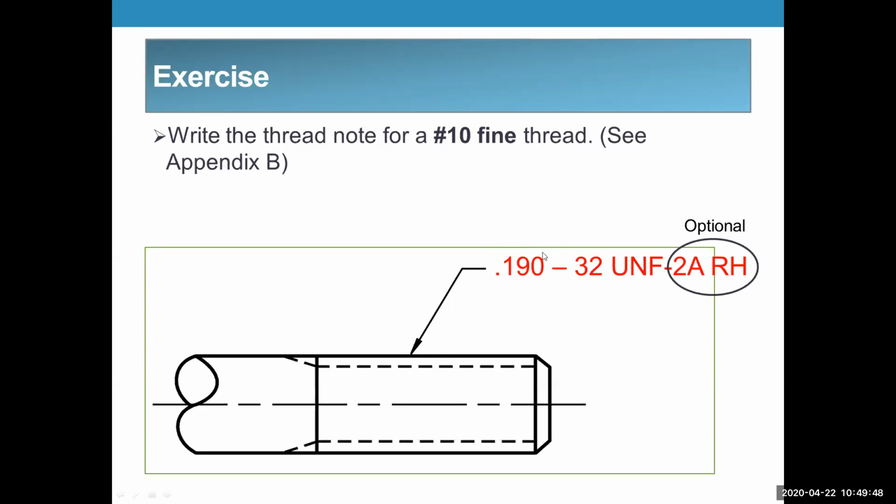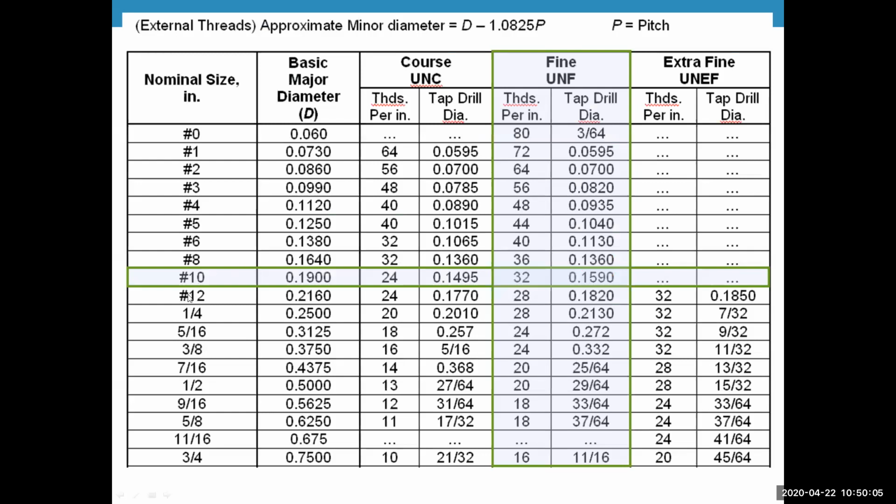normally everybody in the country would do number 10-32 UNF. But the standard prefers that you use the decimal callout or decimal equivalent. So when you look back at the chart, all the numbers have a callout.